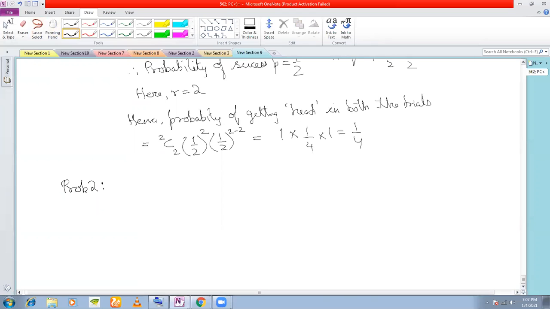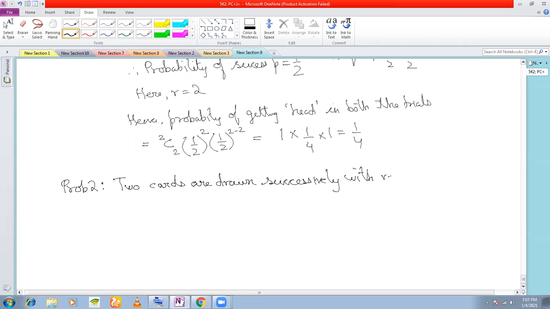Let's see. Next question is: two cards are drawn successively with replacement. With replacement, which case is it?